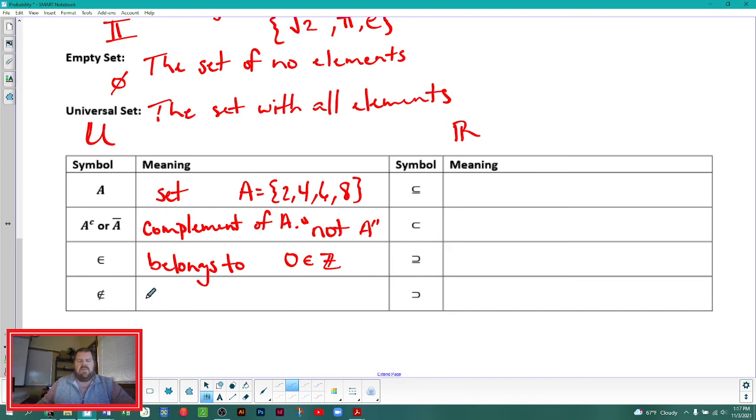If we put a line through it, it means doesn't belong to. And so for that, we might say, well, let's stick with 0. 0 isn't an element of the natural numbers because the natural numbers start at 1. So 0 isn't a natural number.